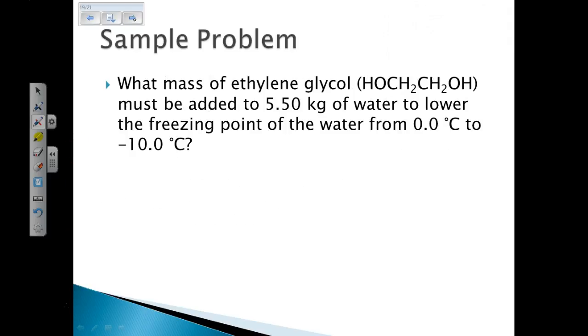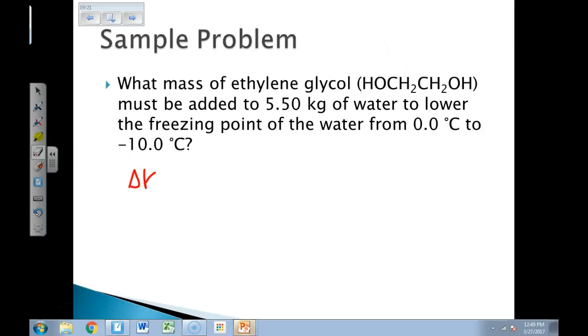Okay. Now let's do another sample problem, but in this case we have the freezing point depression. We want to know how much ethylene glycol, that's antifreeze, we're going to add to the water in order to lower its freezing point from 0 to -10. So let's just erase it all here.